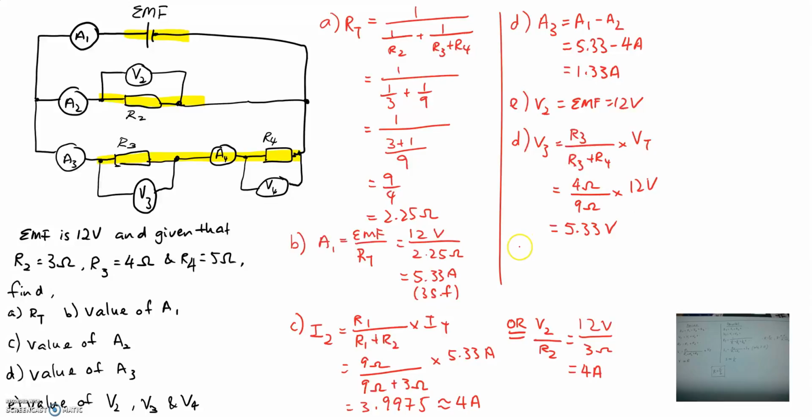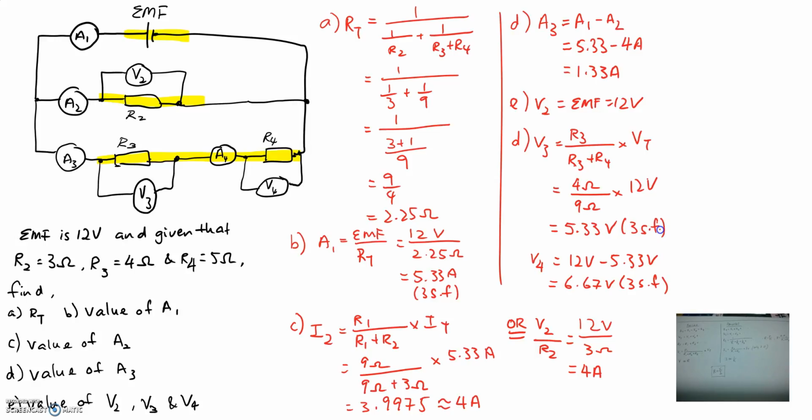Okay, so for the next part, to find V4, we can just use 12 volts minus 5.33 volts, and that will give us 6.67 volts. All this is up to 3SF.